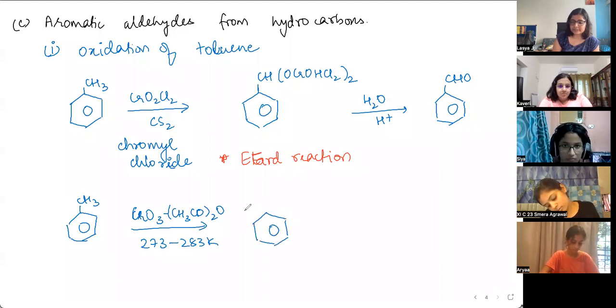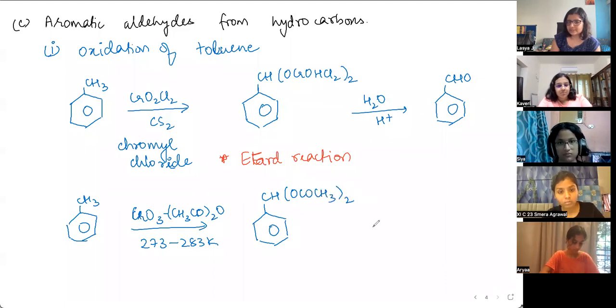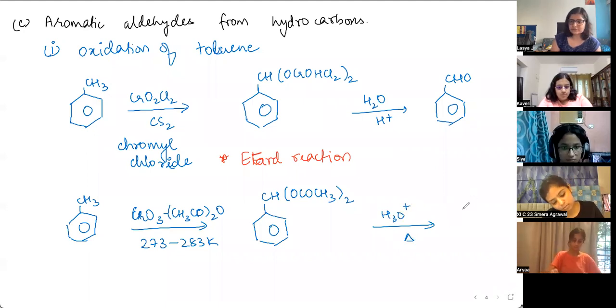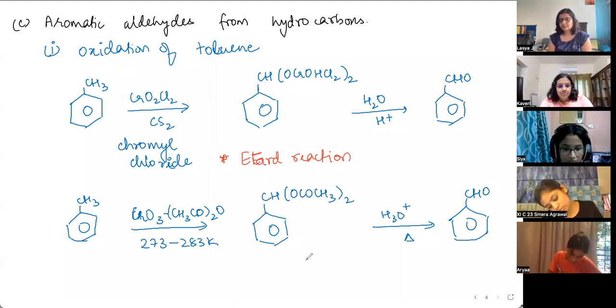Because you've taken acetic anhydride, the intermediate that is formed would be slightly different. You get CH(OCOCH3)2. And this on acidic hydrolysis, heat it a little bit, gives benzaldehyde.